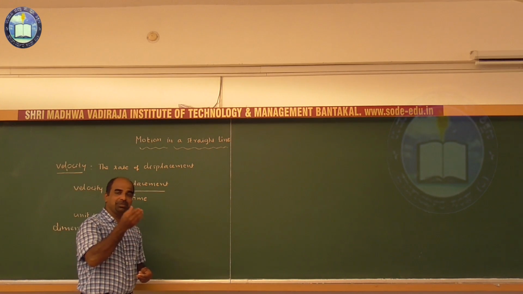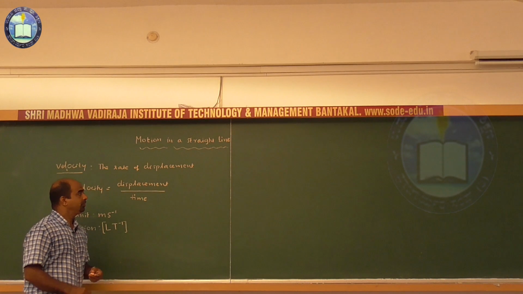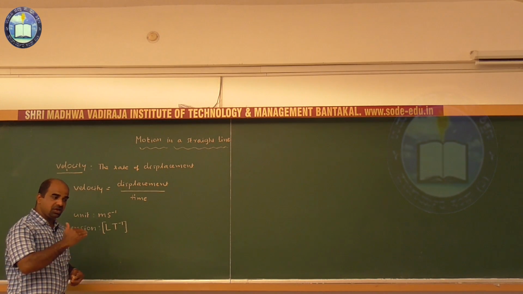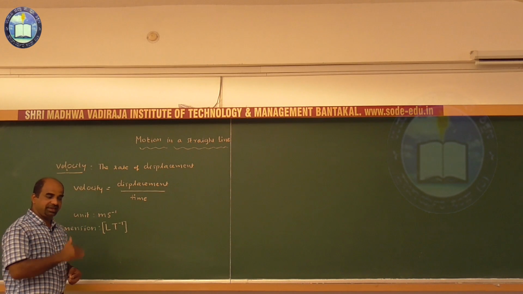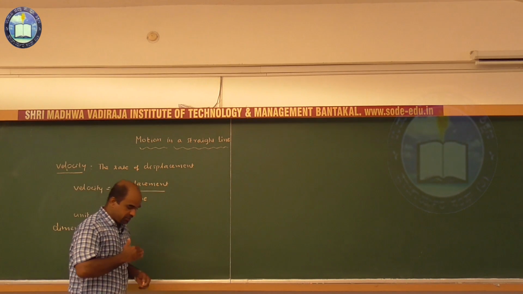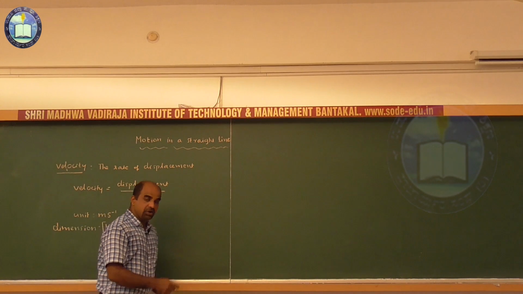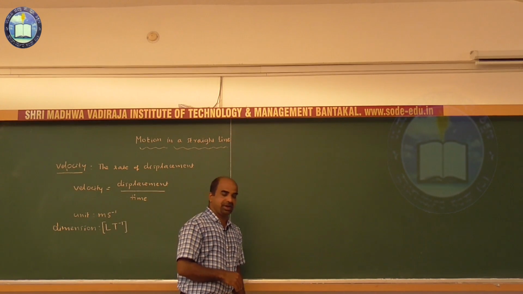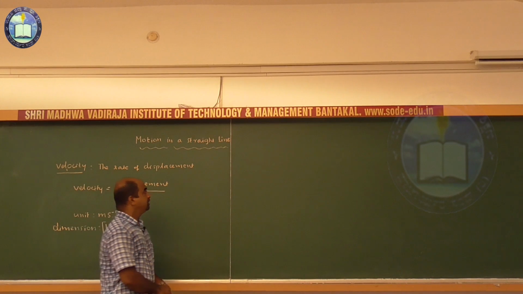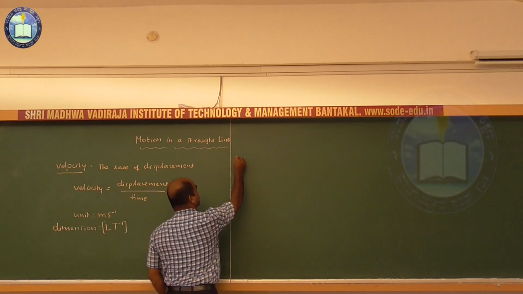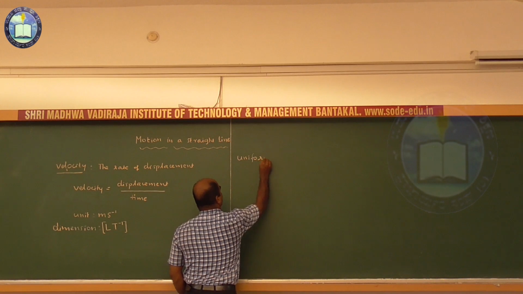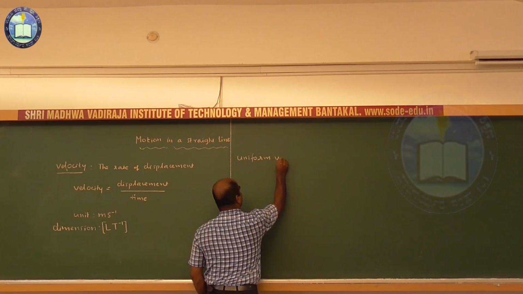We already studied this in our previous video. Again, we know if a body undergoes equal displacements in equal intervals of time, then the velocity of the body is said to be uniform. So what is meant by uniform velocity of a body?